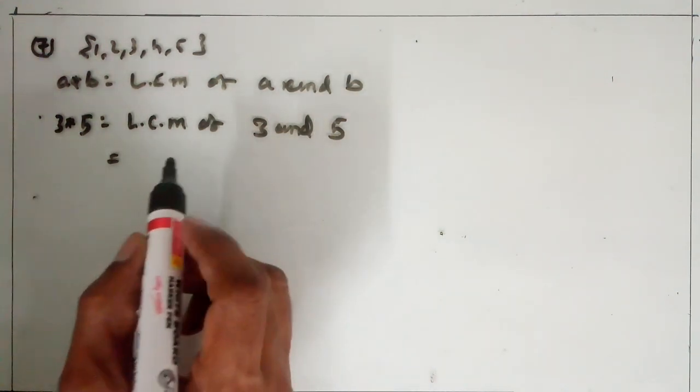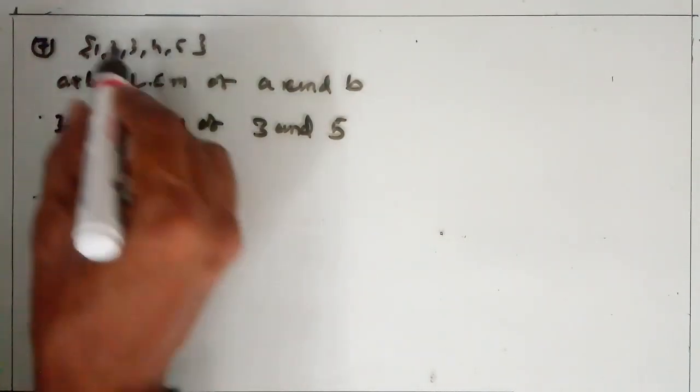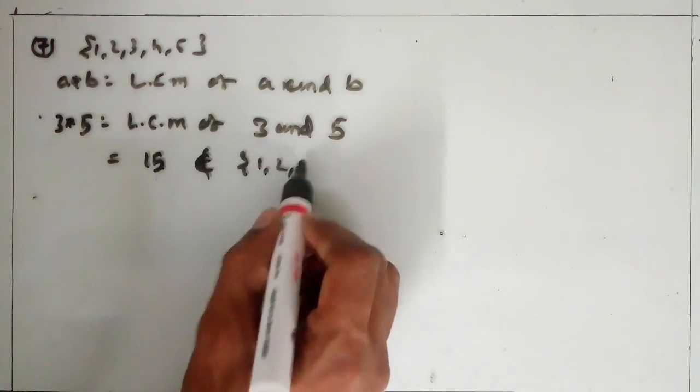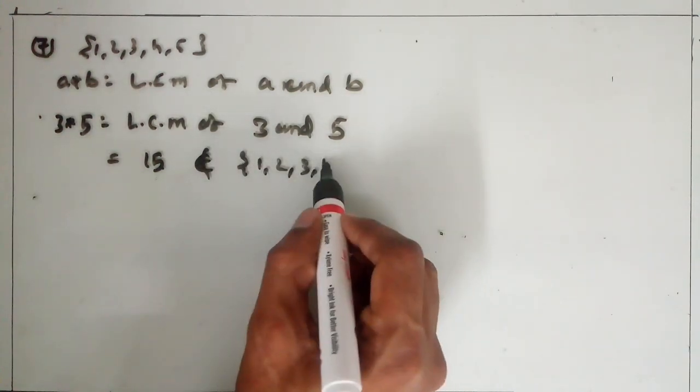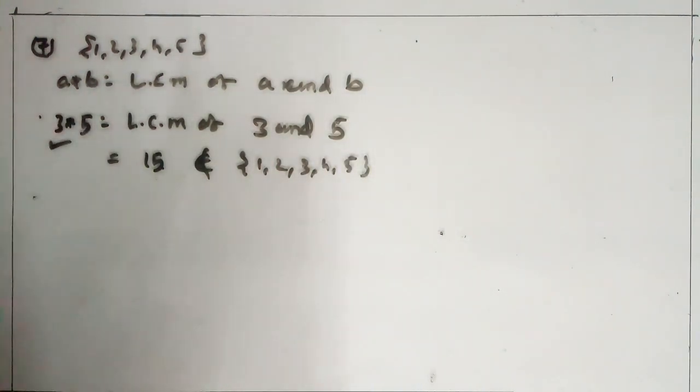The common multiple is 15, and 15 does not belong to the given set 1, 2, 3, 4 and 5. So this star operation is not a binary operation. Clear? So by giving a counter example, we say that the given operation is not a binary operation.